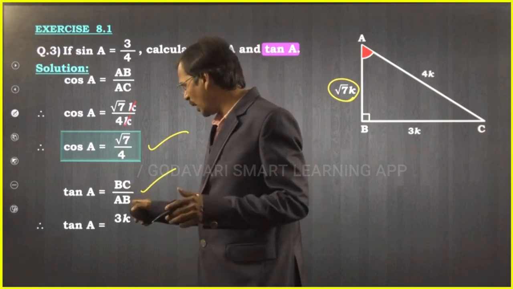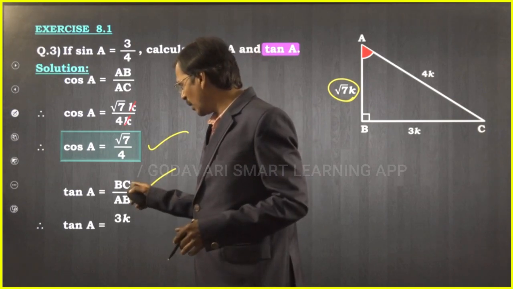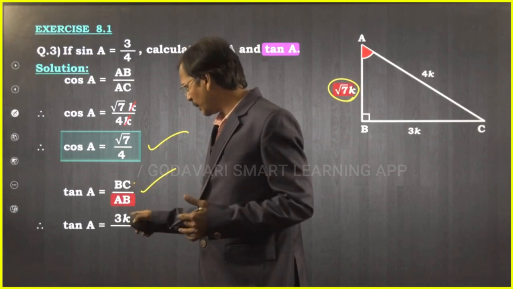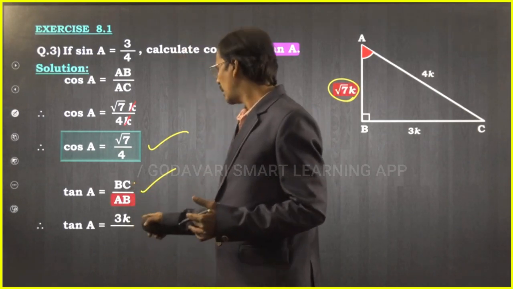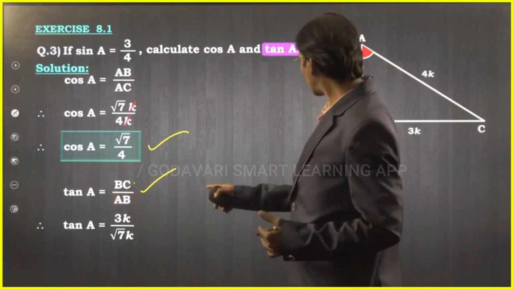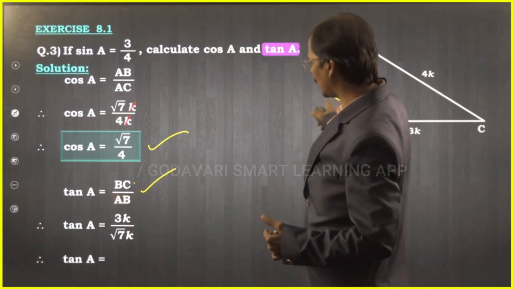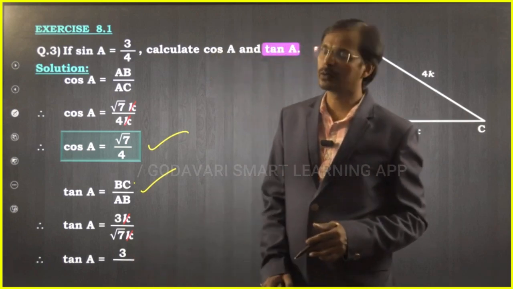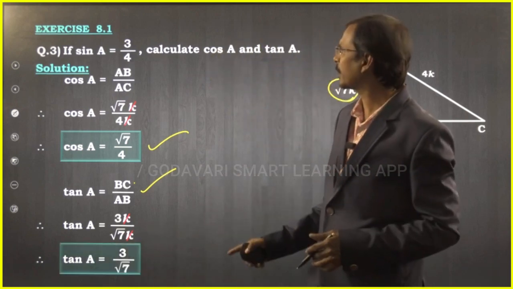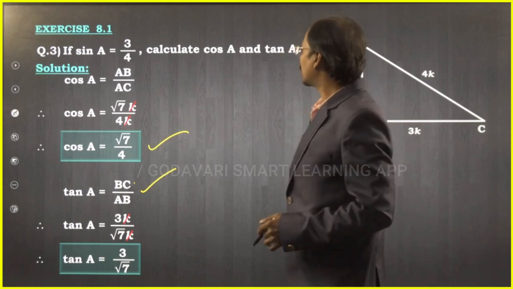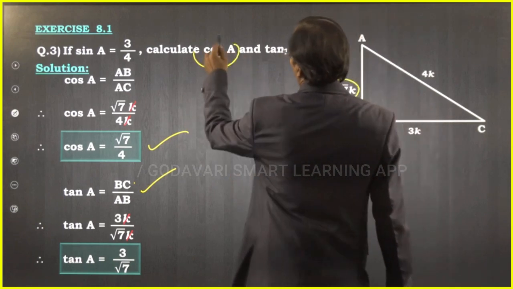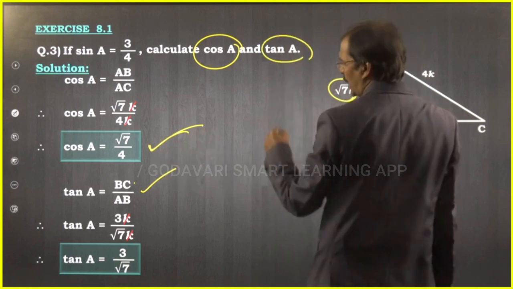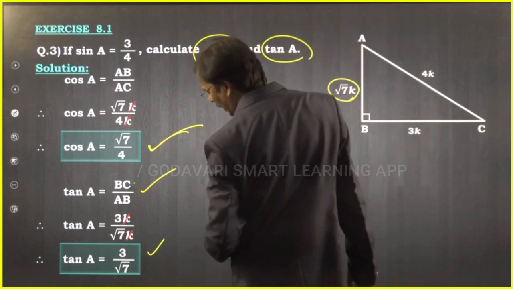Given 3k by AB, the adjacent side, that is root 7 k. Here k cancels, so 3 by root 7 is tan A. So in this question, we got cos A is equal to root 7 by 4, and tan A is equal to 3 by root 7.